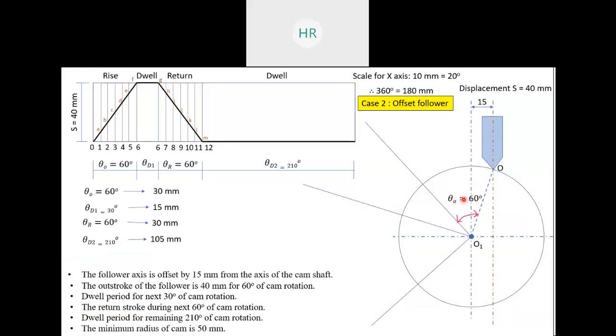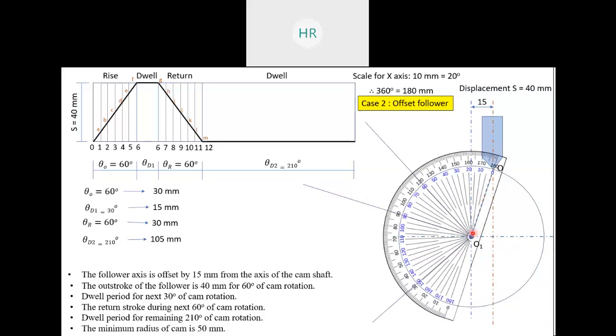Okay, this theta 0 is 60 degrees, theta d1 is 30 degrees and theta r is 60 degrees. Now we will divide this 60-degree angle, starting from this dotted line and ending at this line, into 6 equal parts, the same way we did in the first case.